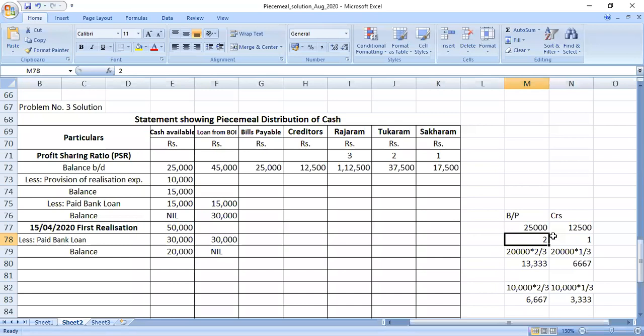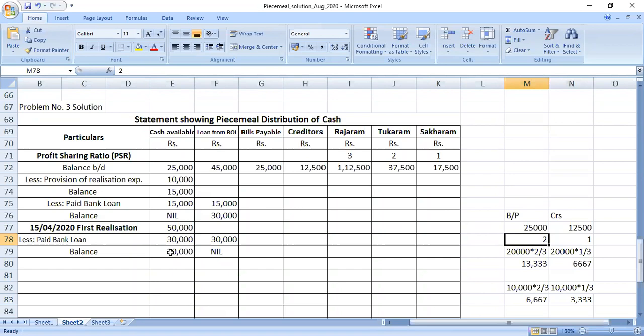If you use a calculator, you can find out the ratio also. So 250 is to 125, so the ratio will be 2 is to 1. For 25,000 and 12,500, we get the ratio 2 is to 1.